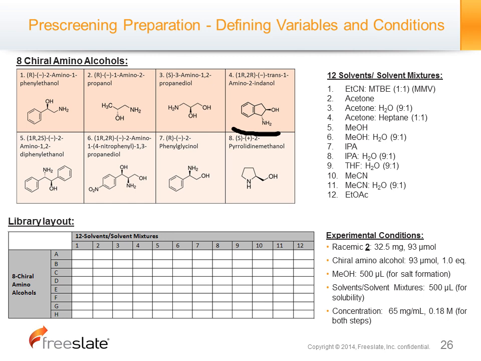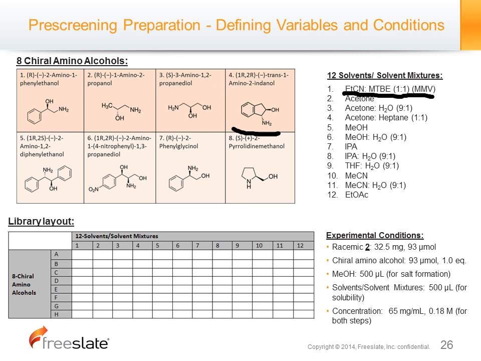We didn't really pick all the chiral amines out there. We only picked a diverse group of chiral amino alcohols, so in a way this is a focused screen already. And we also picked 12 solvents or solvent mixtures, including the solvent mixture they have screened as well.